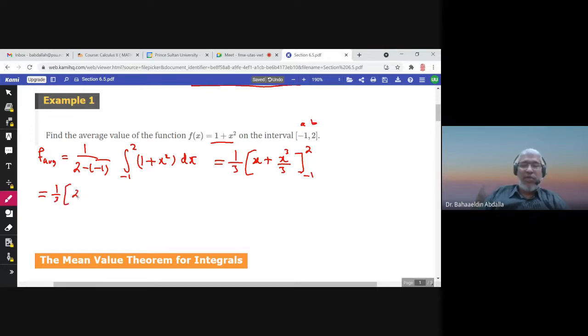Replace x by 2, so it's 2 plus 8 over 3, minus, replace x by -1, -1 minus 1 over 3.